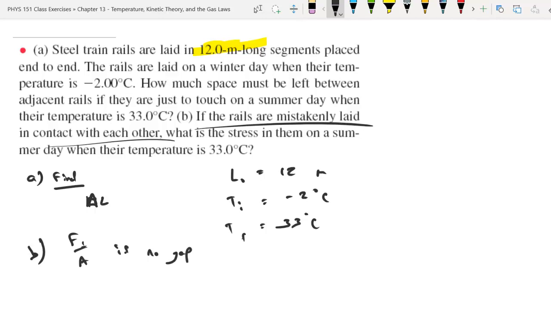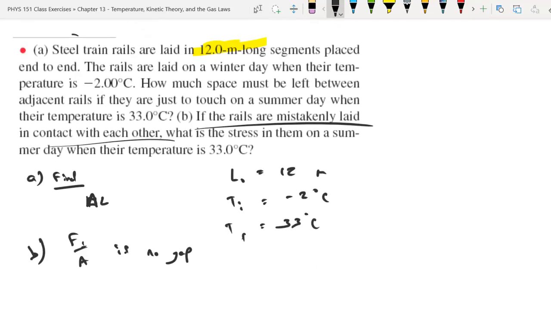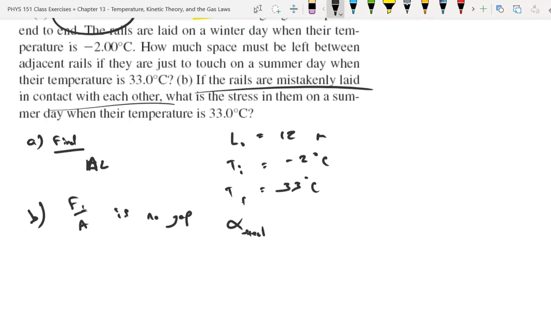Okay, so we're told that these are steel rails. And so we actually have another piece of information. We have alpha for steel, which we can get from table 13.2 in the textbook.